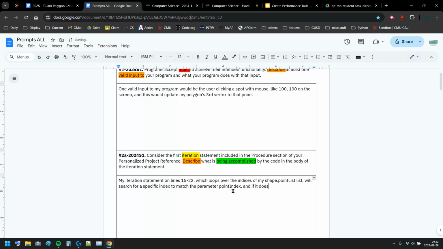And if it does, we'll add the x and y values from the parameter arguments to the new list of points. Otherwise, it will just copy the old values from the point list.